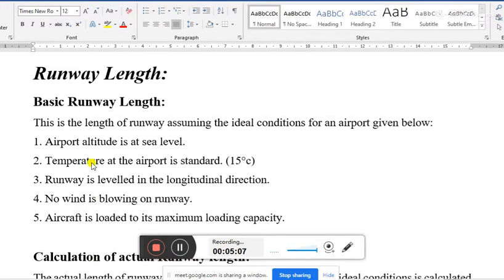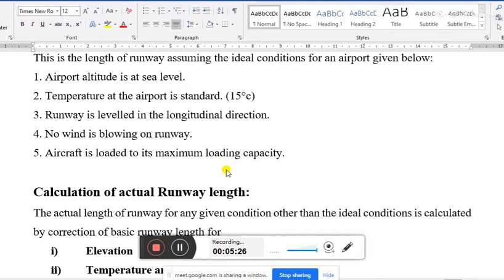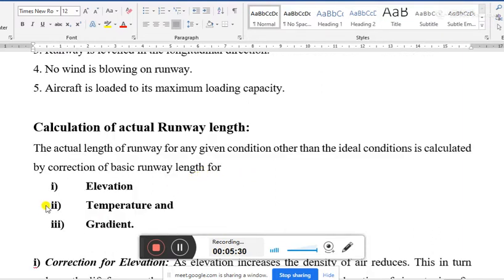Next, for number 2, the condition is that the temperature of the airport is standard. That means standard temperature is considered for basic runway length, that is 15 degrees Celsius. But obviously, in most cases, airport temperature cannot be at standard temperature, and that's why temperature correction is required.